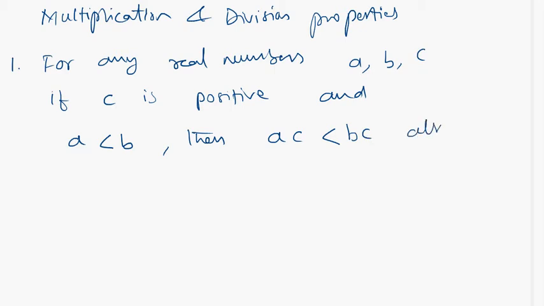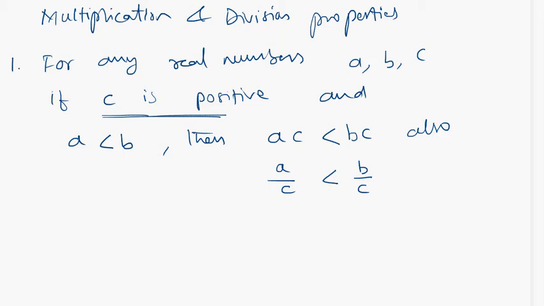Also, a divided by c is less than b divided by c if c is positive. That is one scenario. If c is positive, this would be true.